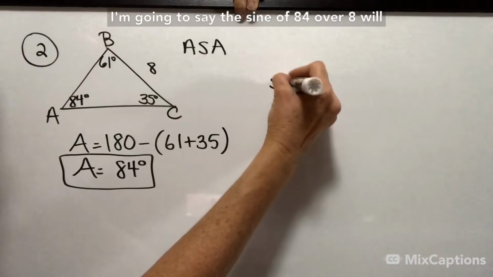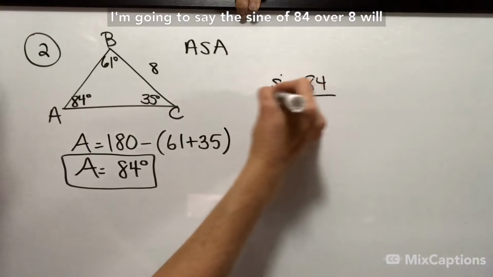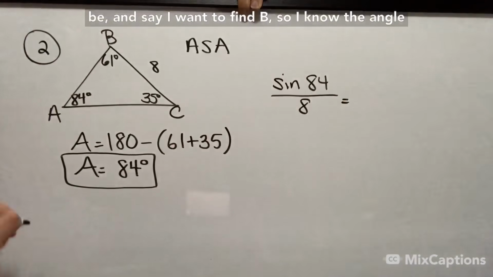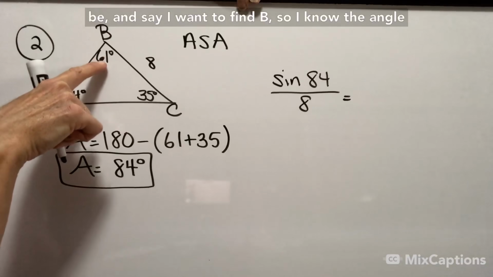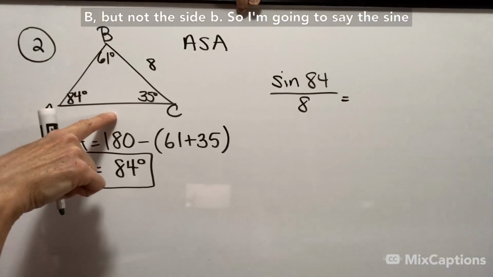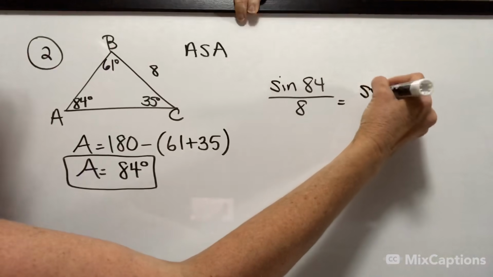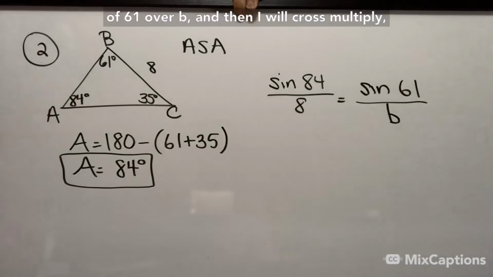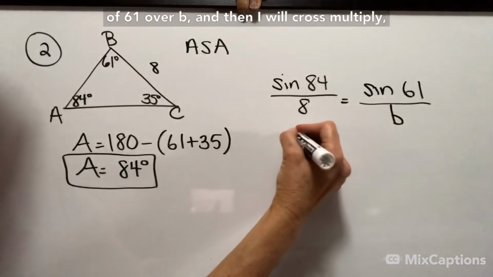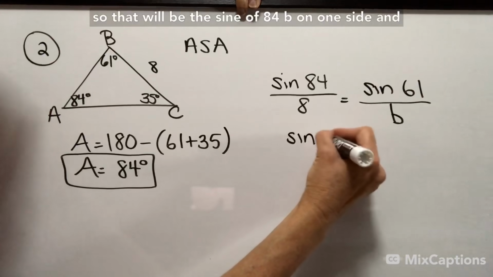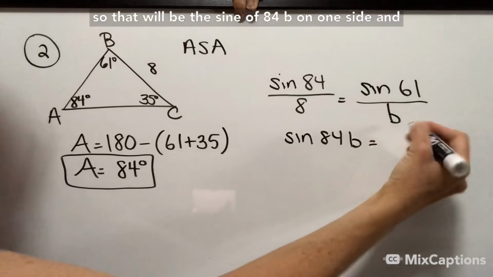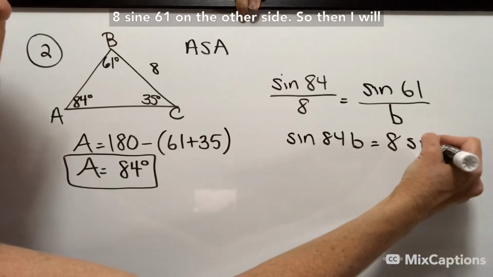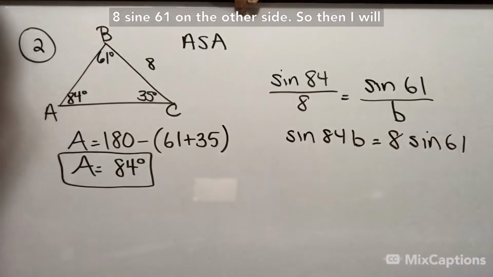So I'm going to say the sine of 84 over 8 will be, and say I want to find B. So I know the angle B, but not the side B. So I'm going to say the sine of 61 over B. And then I will cross multiply, so that will be the sine of 84 times B on one side and 8 sine 61 on the other side.